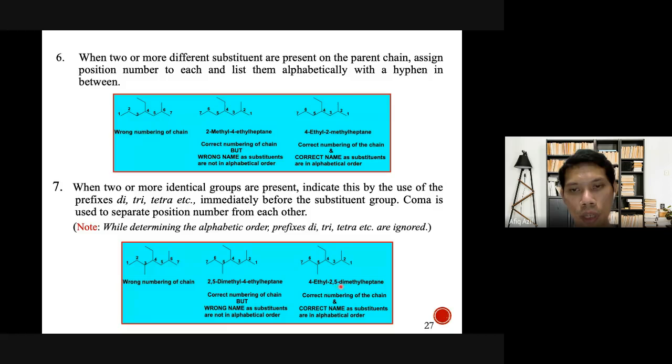A question may be asked, D should come first before E, but the prefixes di, tri, and tetra are ignored. So just focus on the name of the original alkyl group, being methyl, ethyl, propyl, and so on. Even if there are 4, let's say tetra, that will also follow the M. It doesn't follow the prefix denoting the number of that particular substituent.